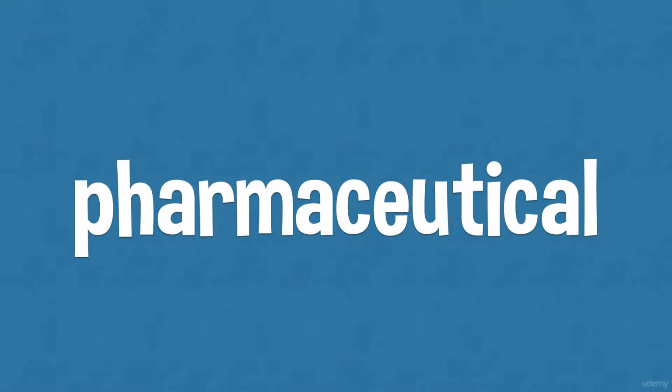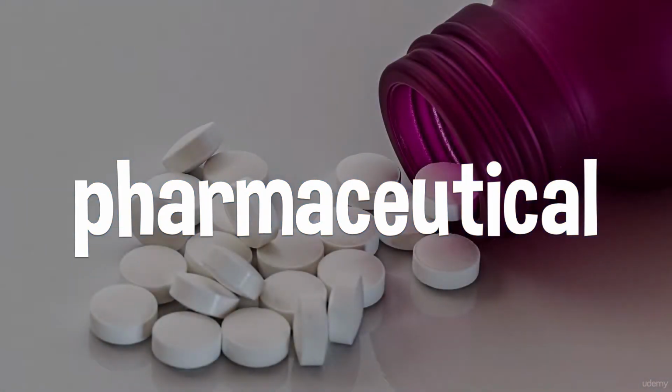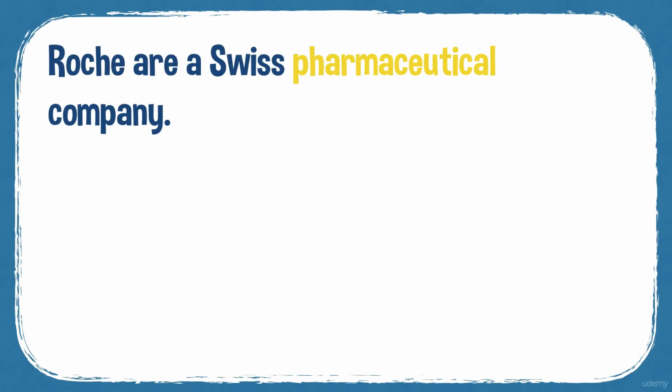Pharmaceutical means something connected with the production of medicine, often the industrial scale production of medicine. And we talk about the pharmaceutical industry and pharmaceutical companies, they often manufacture pills. So for example, Roche are a Swiss pharmaceutical company, one of the biggest in the world apparently.